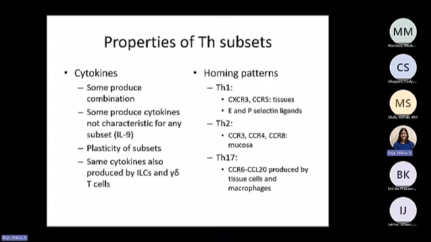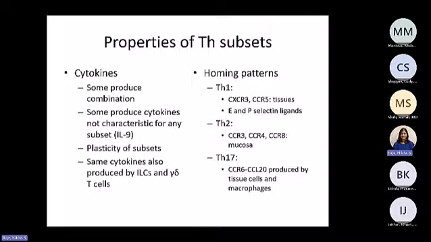So some of the common themes among the features of these Th subsets are that Th subsets produce a combination of cytokines. And some of the subsets may produce cytokines that are not characteristic for any of the subsets, such as IL-9. Maybe we can call them TH0.